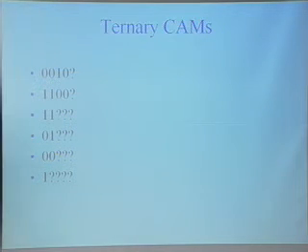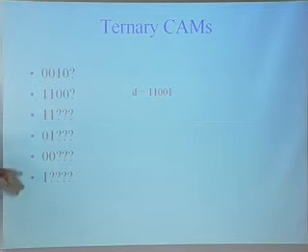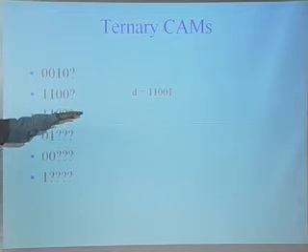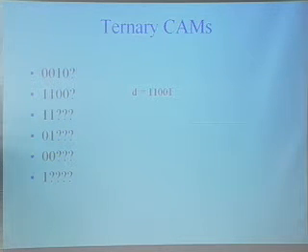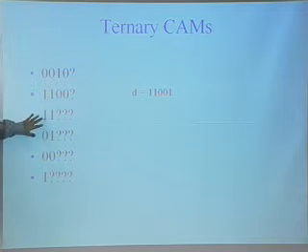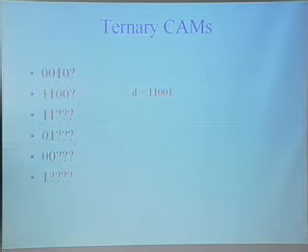All right, so you initialize your ternary CAM with the prefixes that you have, and then when you get a packet, you look at the destination address and you load it into a register. You press a button and the hardware searches all of its words in parallel for matches with that. So in one cycle of the CAM, the matching fellows light up. In this case, these 3 fellows light up.